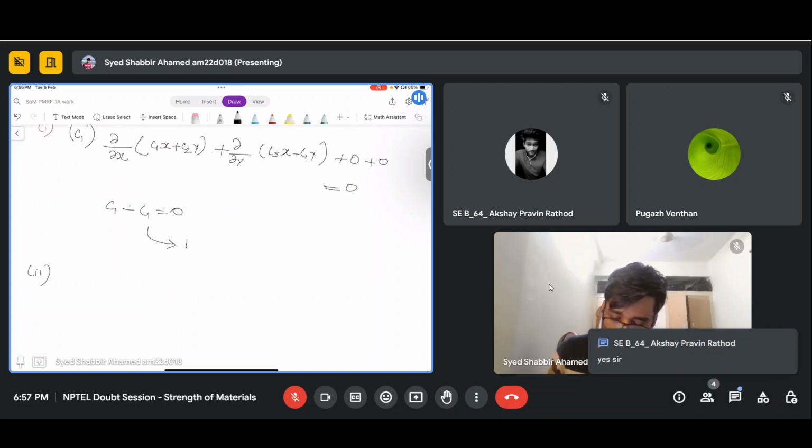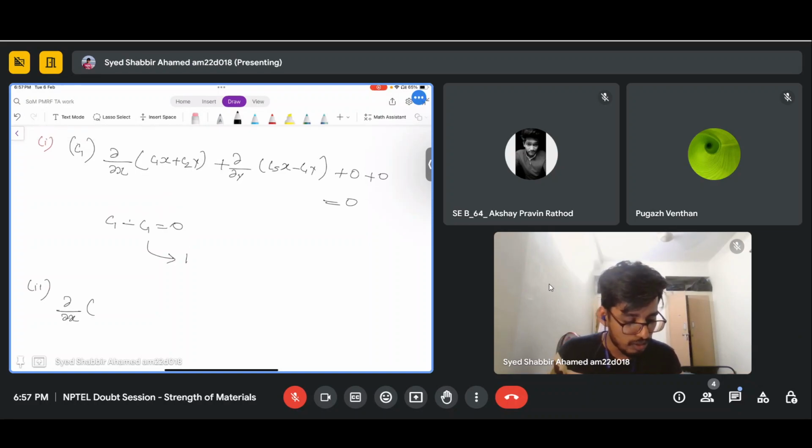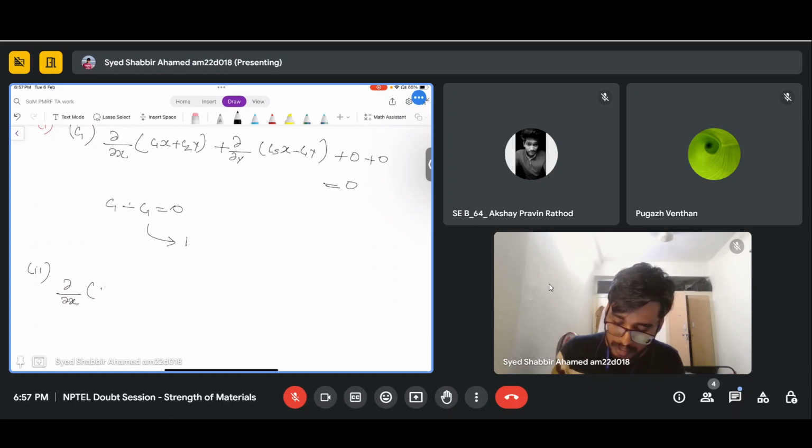The next equation, again here we have tau yx. So tau yx we have c1y minus c4x plus dou by dou y into sigma yy.